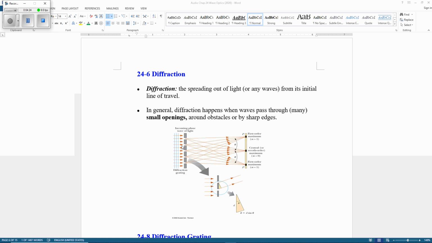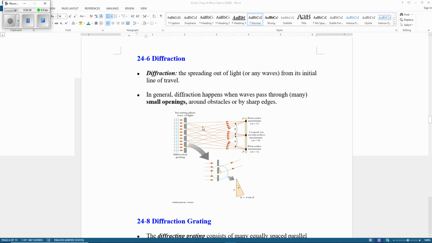Then so many waves interfere, and we call that diffraction. So diffraction has a connection with interference. Generally, diffraction happens when waves pass through many small openings.